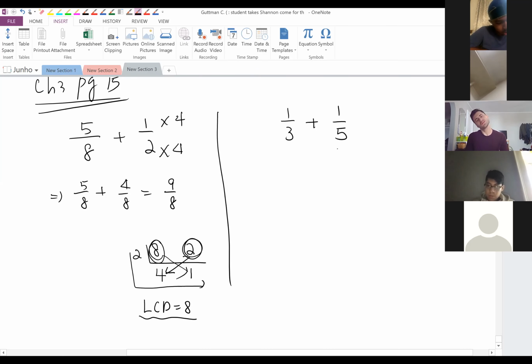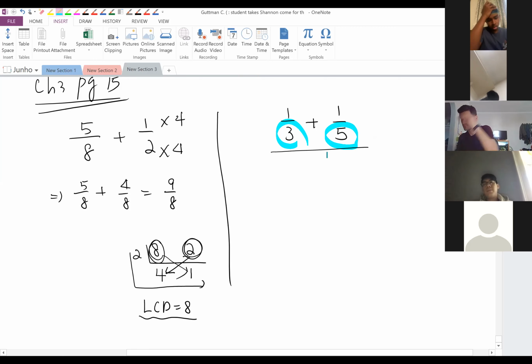Now this case, do these two numbers share any common factor? No. Okay, if not, then 15 is the common multiple. You multiply 5 here and 3 here. I know it looks really complicated, but I'm going to say it one more time.